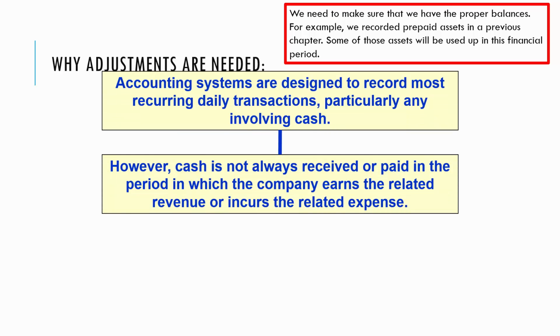Now, why again do we need to have these adjustments? To make sure we have the proper balances. So if you have prepaid assets, let's say you go out there and you buy insurance, and your insurance is for a year. After 1 month's time, you no longer should have on your books this prepaid asset that reflects the whole year.